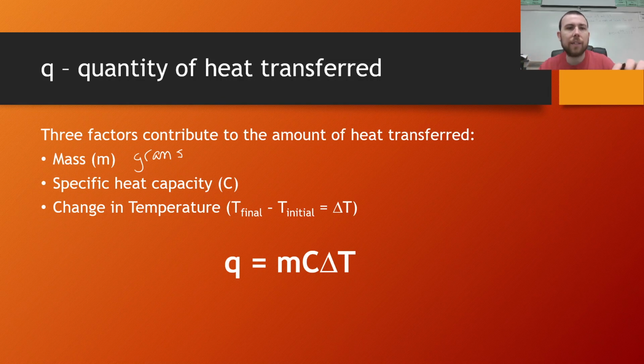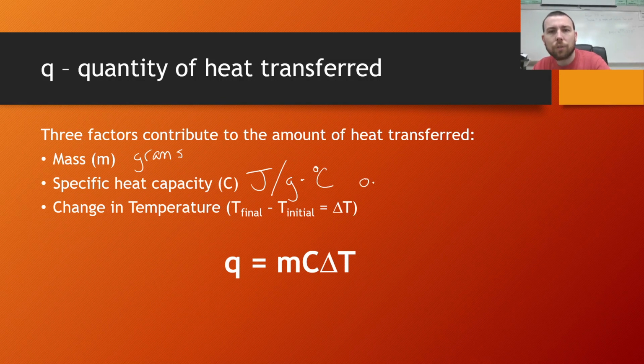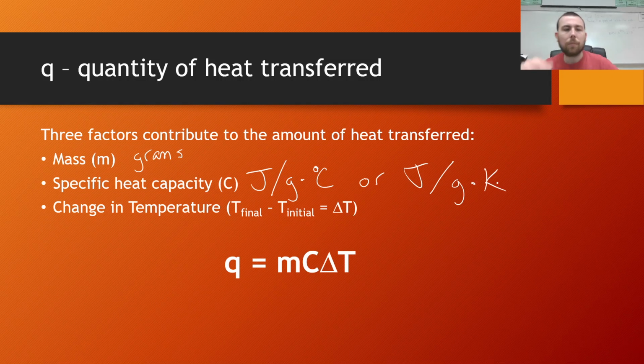In terms of a substance's heat capacity, it's typically joules per gram degrees Celsius or joules per gram Kelvin. And then the change in temperature, right? T final minus T initial.